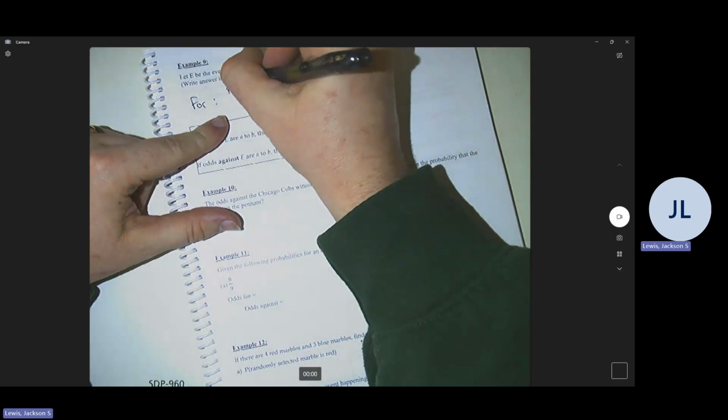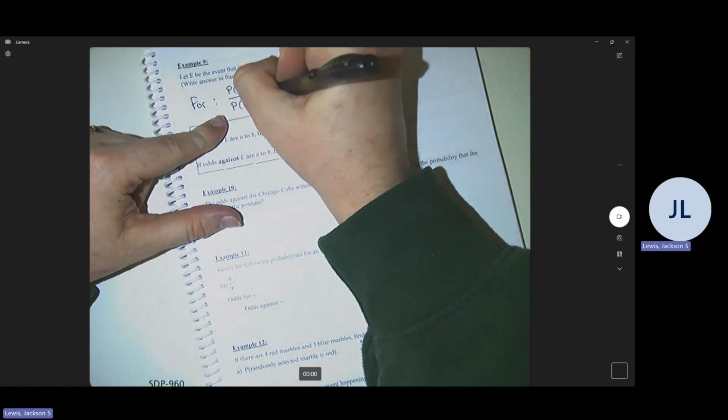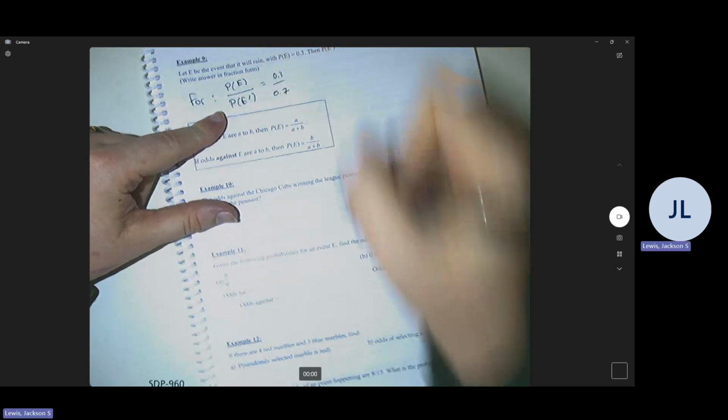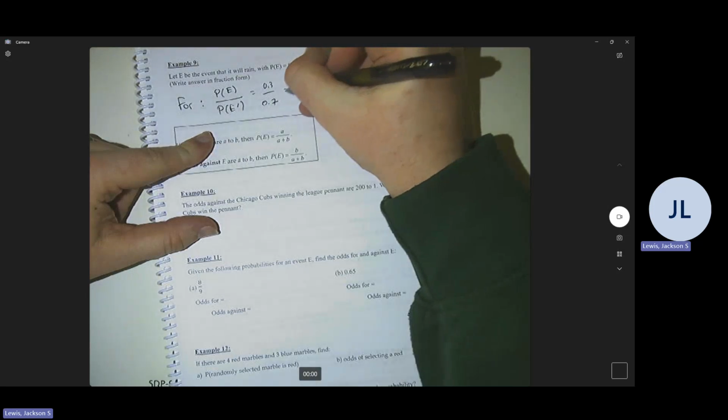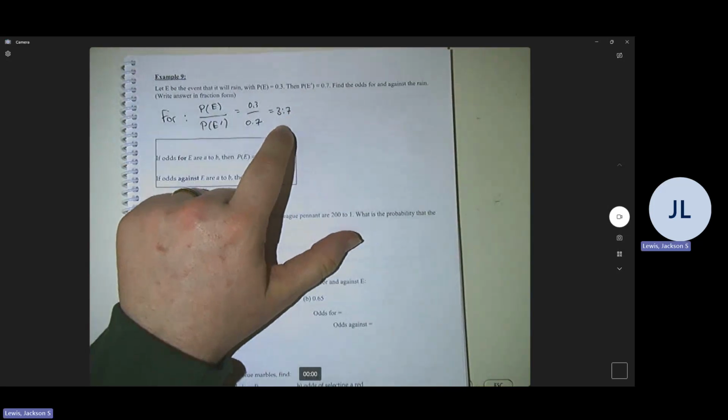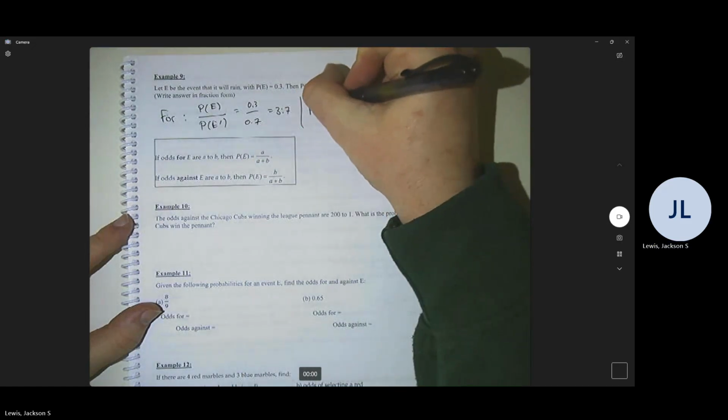So if I'm looking for, I put probability of E on top and probability of E prime on bottom. That's 0.3 over 0.7. Cool. Or this is the same thing as 3 to 7. That's the notation. You've probably seen this before. Like the odds are 3 to 7. 3 that happens, 7 that doesn't. Against, we just flip it around.